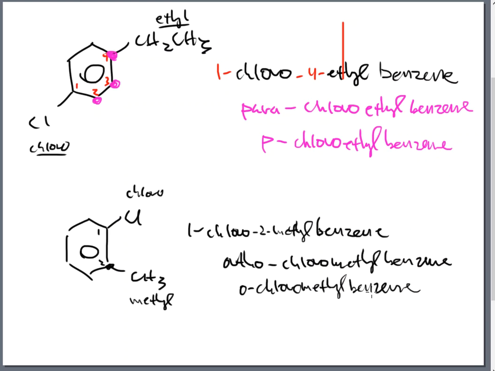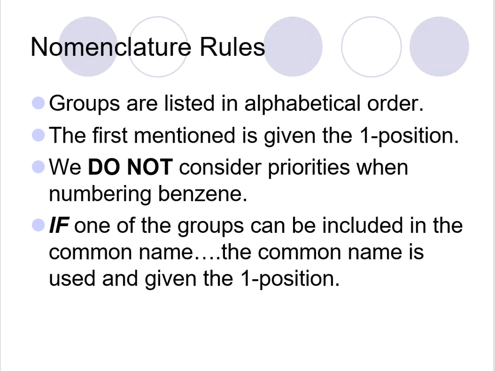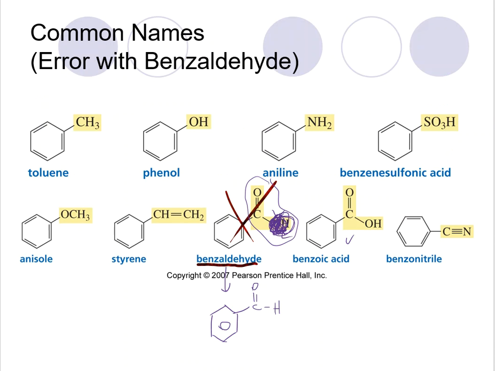Okay, well, nothing major is going to happen. But what I want you to do is go back and think about those common benzene substituents. Remember these? Toluene and phenol and aniline, benzene sulfonic acid, benzonitrile, benzoic acid, benzaldehyde, styrene, and anisole. Remember those.